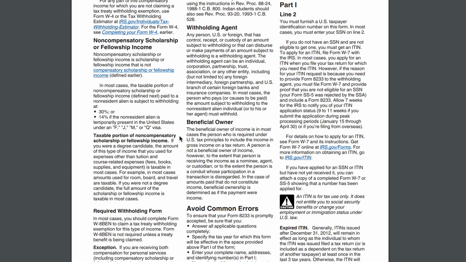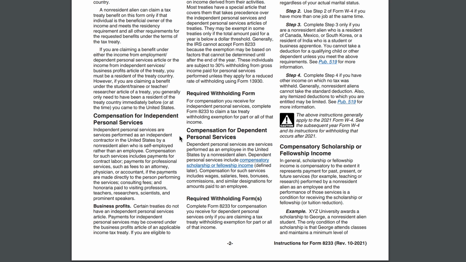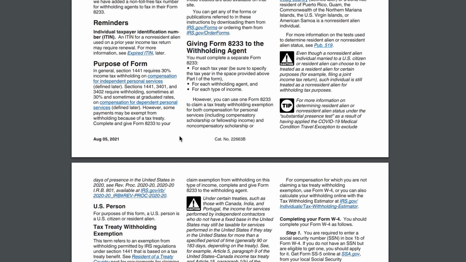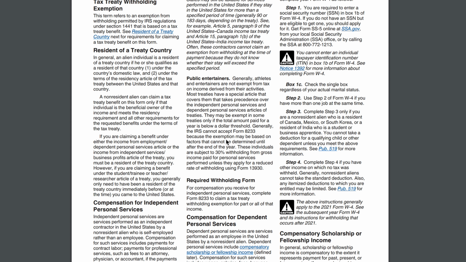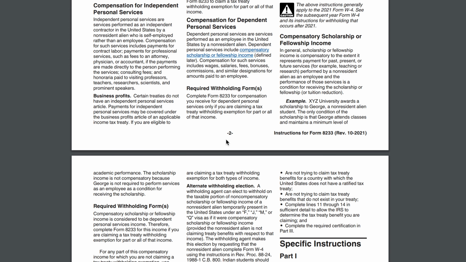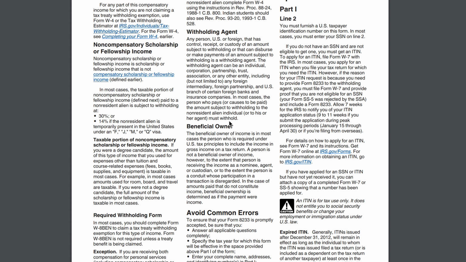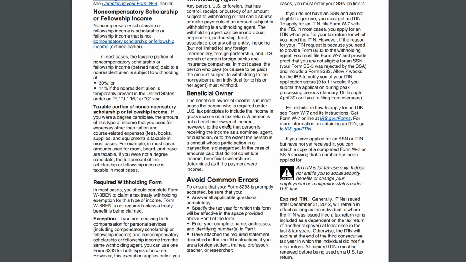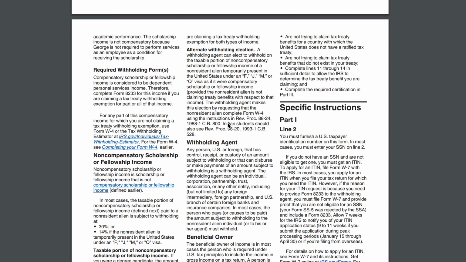So it does say in the form instructions, it gives very specific guidance to withholding agents. The form instructions also contain additional information about common errors and things of that nature.